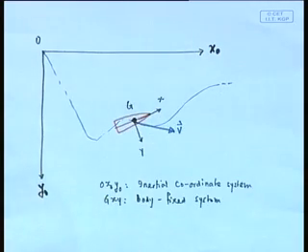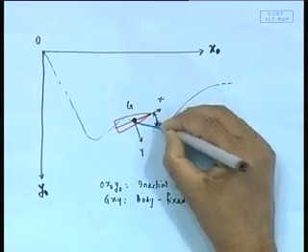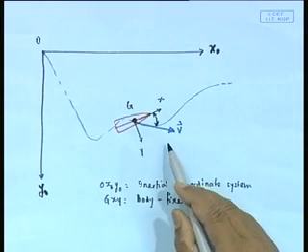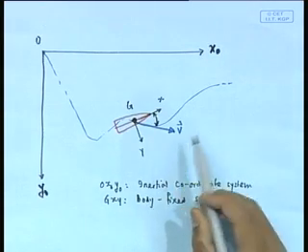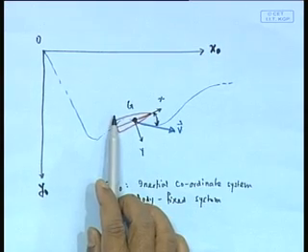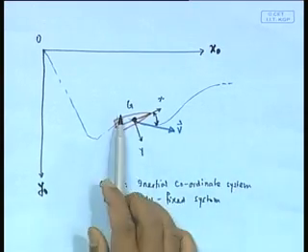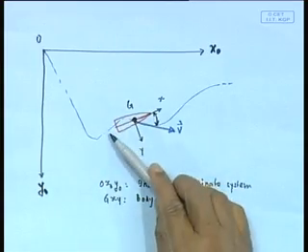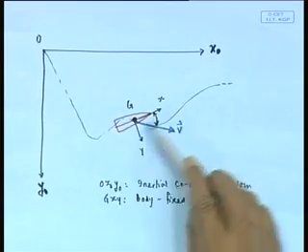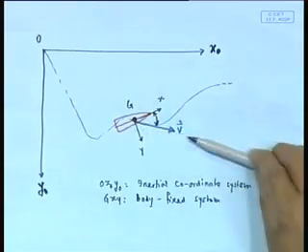What is this angle? This is the angle of attack of the hull, because you remember at this point the vessel is moving this side. This is my V, whereas this is the direction of the longitudinal axis. So this is my angle of attack, because fluid is coming this way.